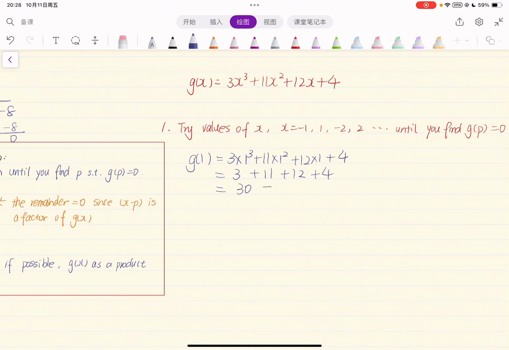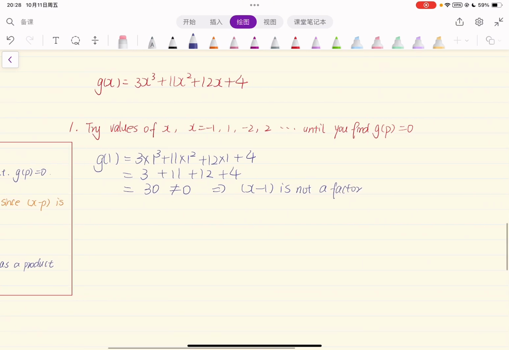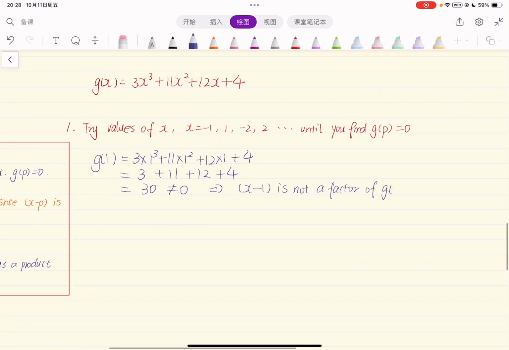It does not equal 0, so x minus 1 is not a factor of g(x).